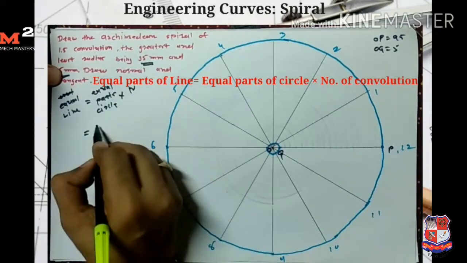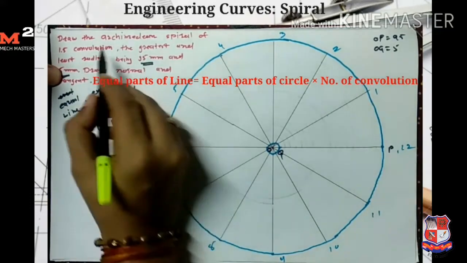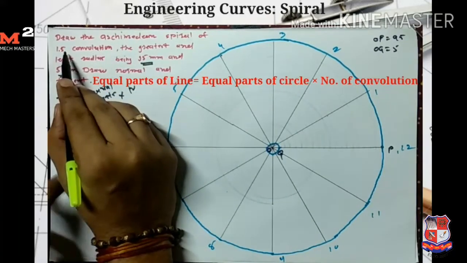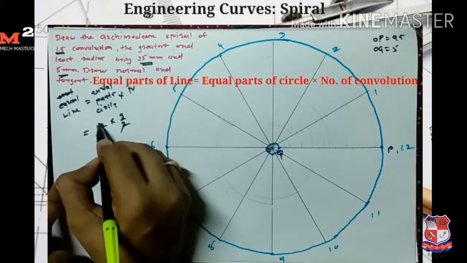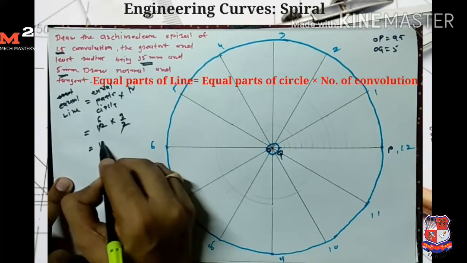Here we divide the circle into 12 equal parts, and the number of convolutions is 1.5, which means 3 by 2. So here we get the answer 18.